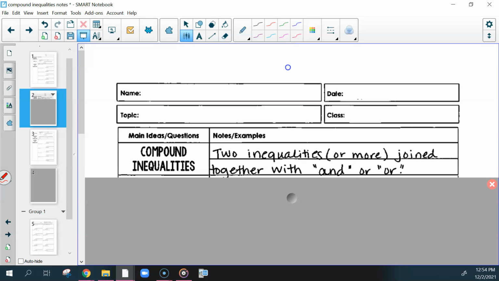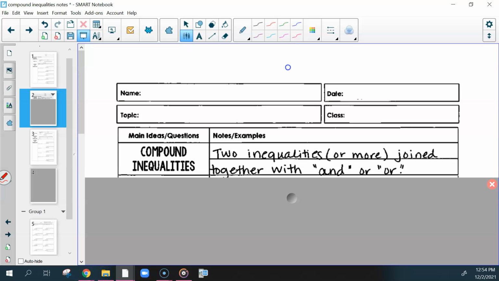So let's make sure you're paying attention. When we deal with these compound inequalities, there are going to be two different types. One is going to be and inequalities. The other type are going to be or inequalities.